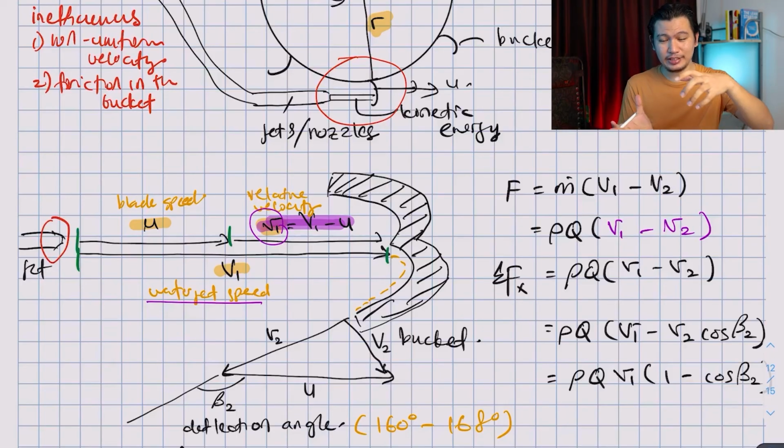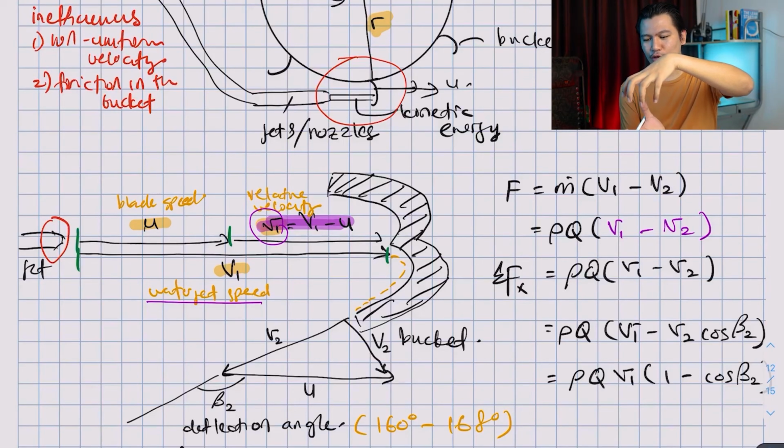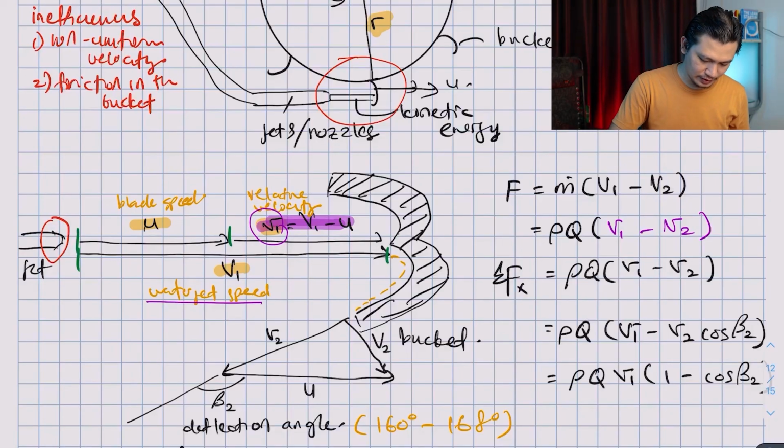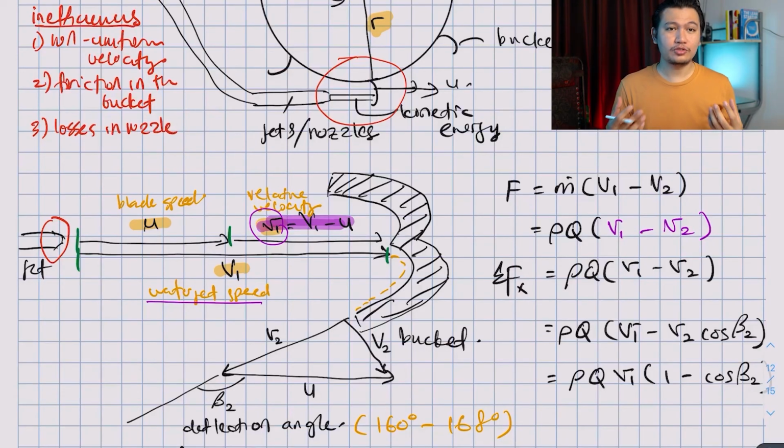Inside the jet you have the water and the converging section to increase the velocity, because you want the maximum kinetic energy. But in doing so, there might be some losses inside that nozzle. So this could be losses in the nozzle. Those three are the main sources of inefficiency.